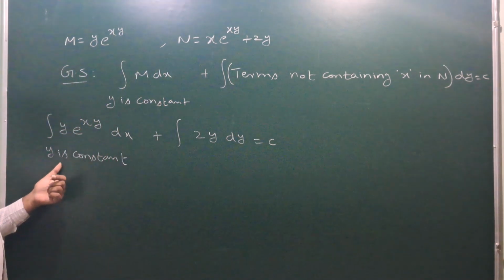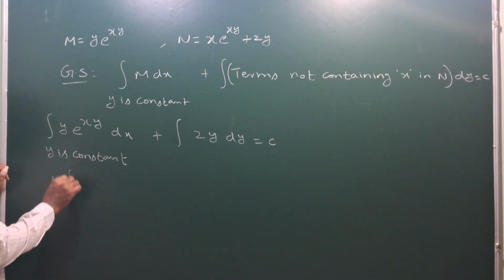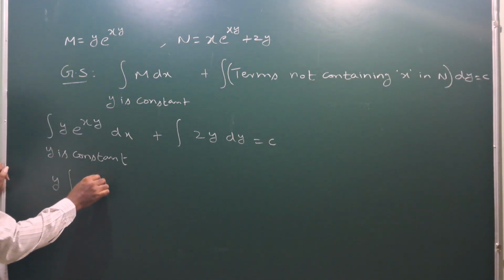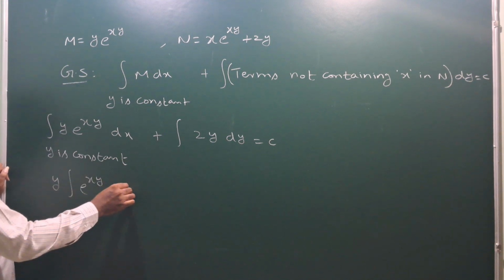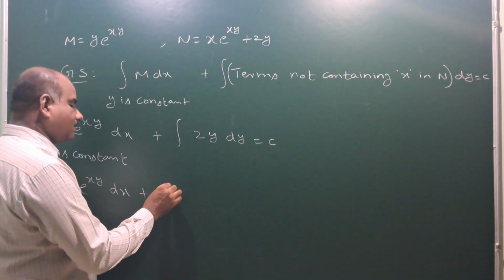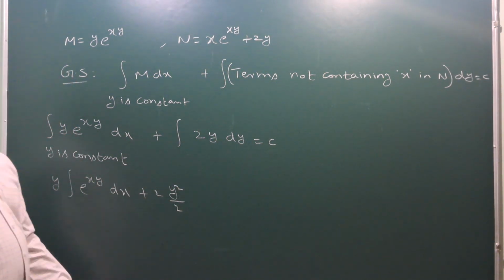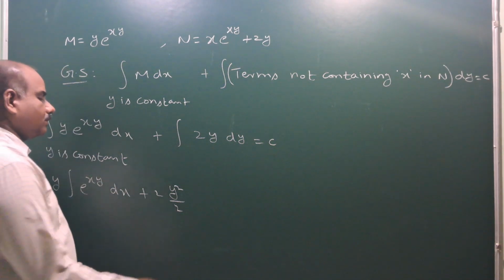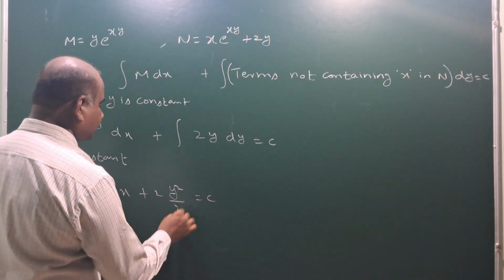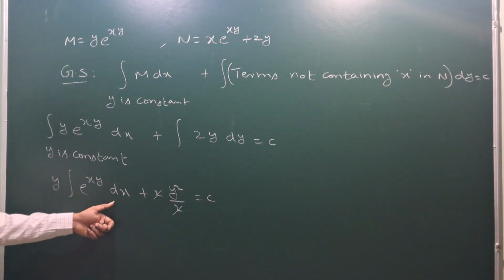Here y is constant, so take y outside. We have to integrate e^(xy) dx. Here take 2 outside. Integral y dy means y square by 2, equal to c. Cancel 2 and 2. So how to integrate e^(xy) with respect to x? Okay, let us see that.